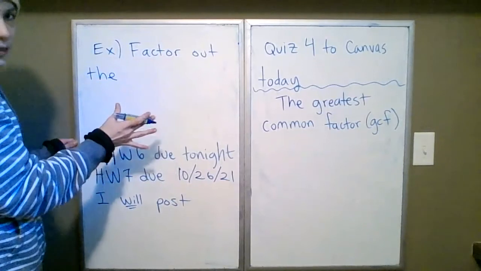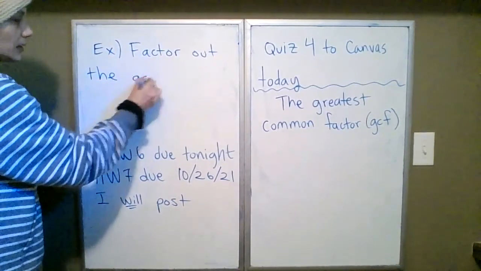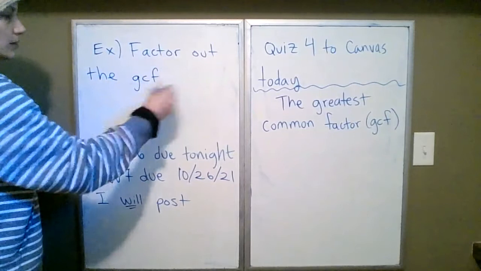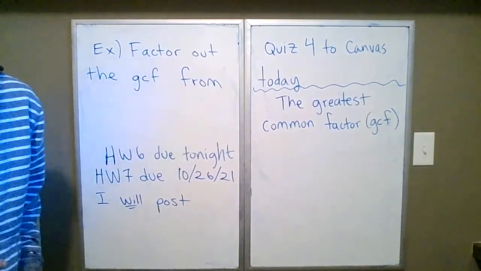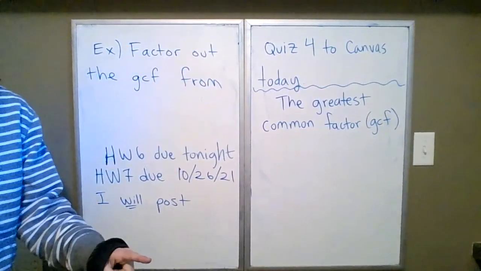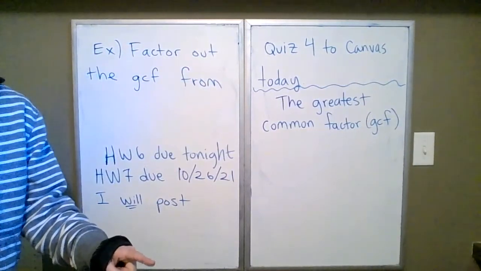Factor out the greatest common factor, the GCF. 8x minus 16y.